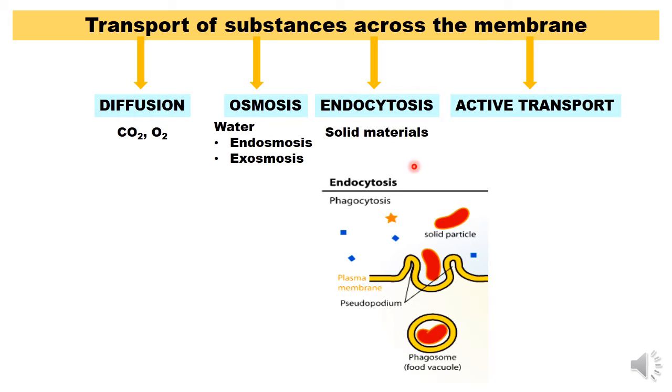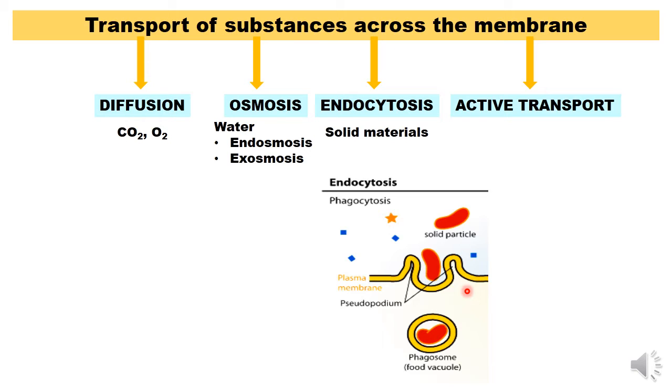So in this, remember children, the flexibility of plasma membrane plays a very important role, because that is how a small vesicle is created around that particle which is to be imported. So endocytosis is something that we can never observe in a plant cell, because the cell wall is a rigid structure. We need the flexible nature of plasma membrane to take over, only then this is possible.